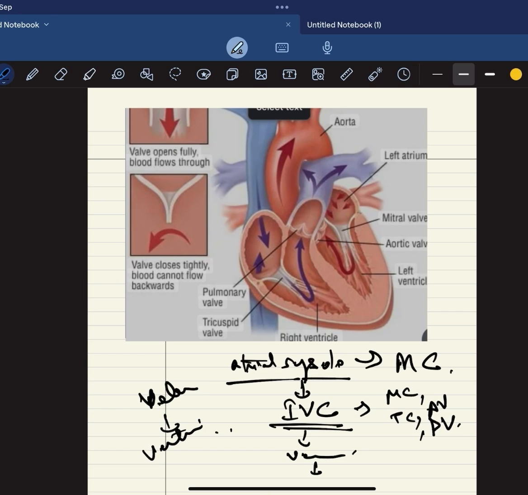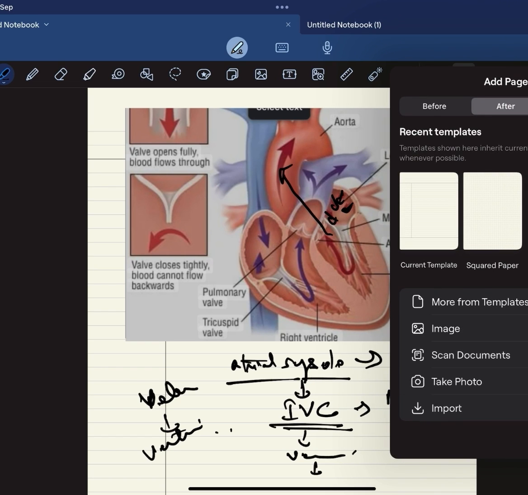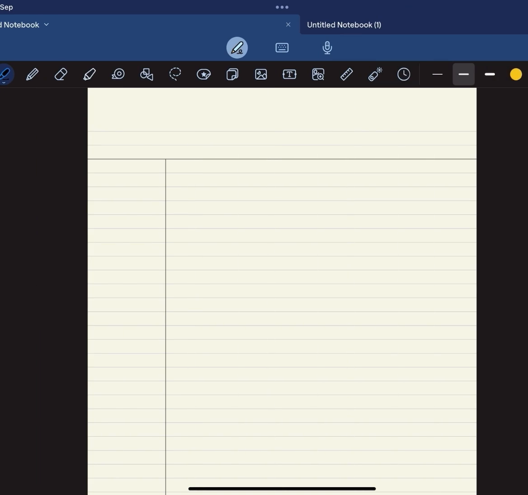Here we can see that the left atrium receives the blood from the four pulmonary veins, and the blood goes from the left ventricle to the aorta through the aortic valve opening. By default, it is a rule that only one of the four valves could be open at any particular time.